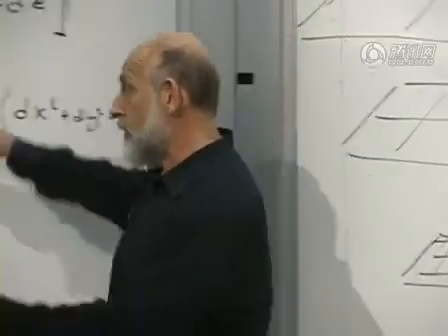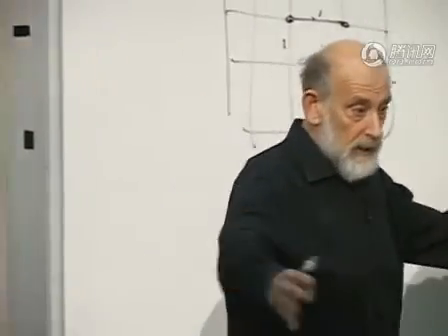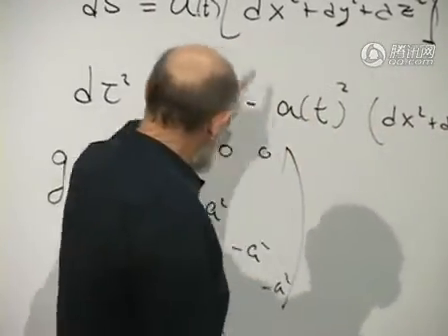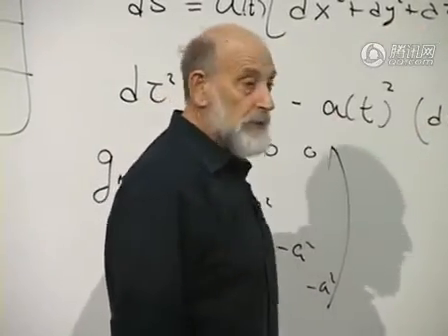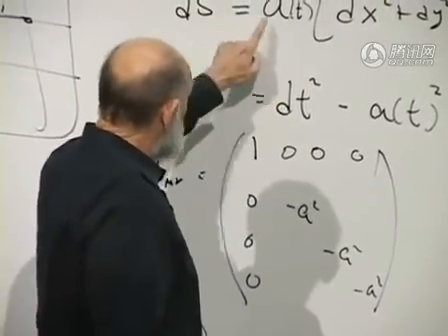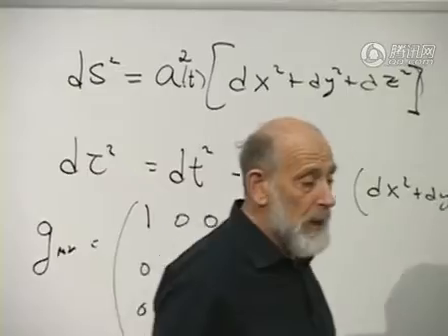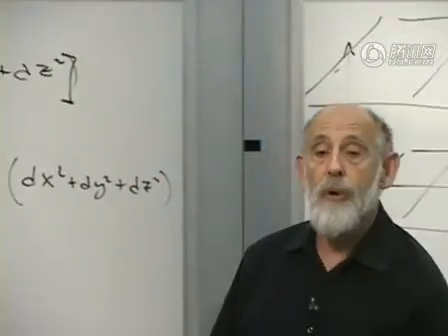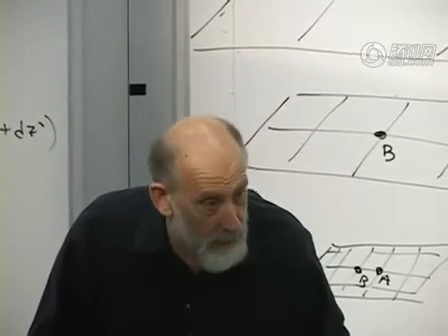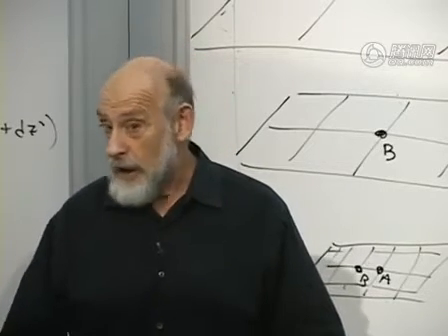For example, if I just rotate the coordinates, in other words, rotate the direction of x and y and so forth, the form of this metric would not change, and that's because dx squared plus dy squared plus dz squared is invariant under rotation. On the other hand, if I tried to make a Lorentz transformation, the form of this metric would change. At every point in space, we're talking about a reference frame with a particular velocity, and what is that velocity?